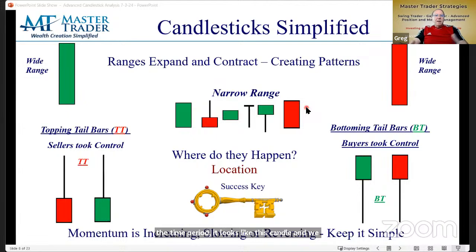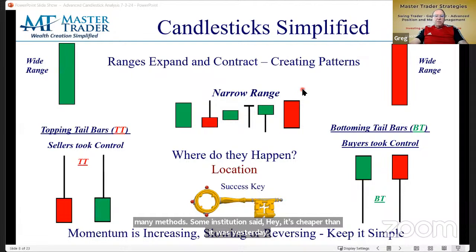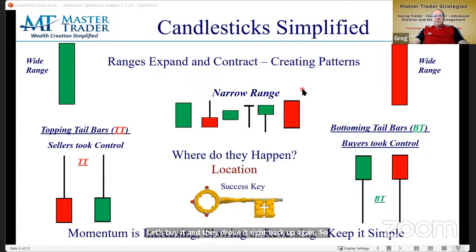Well, there are many different ways to trade. There are many methods, meaning that when that broke down, some institution said, hey, it's cheaper than it was yesterday, let's buy it. And they drove it right back up again. So what others are doing is really irrelevant to us.